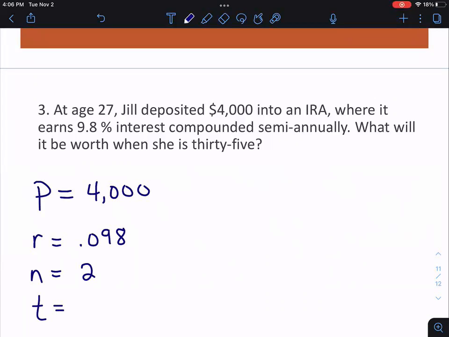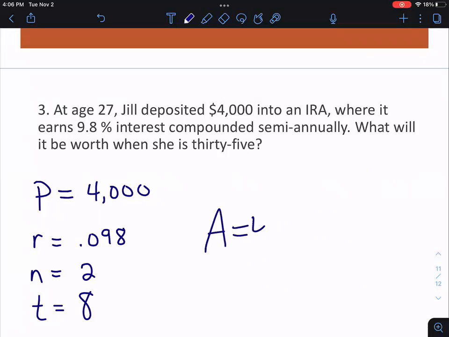So for this one, the principal is $4,000, the rate is 0.098, and the number of times it's compounded per year is 2 for semi-annually. And in this case, the years that have passed between 35 and 27 is 8.